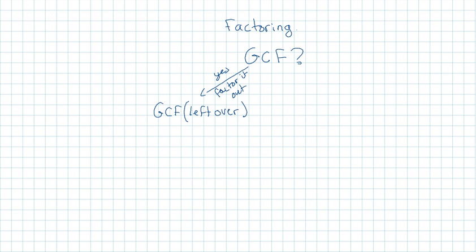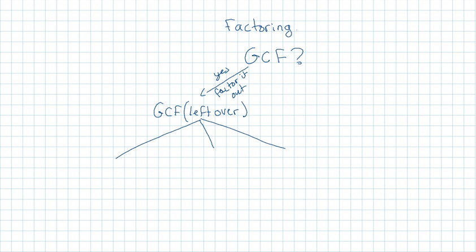Now, after you do that, you're going to look at the leftovers, and there will be 3 different options. Option number 1, you look at it and say, I don't think I can factor this, and you stop.